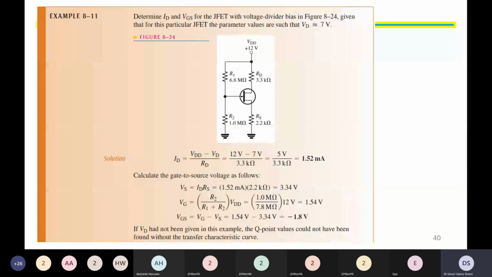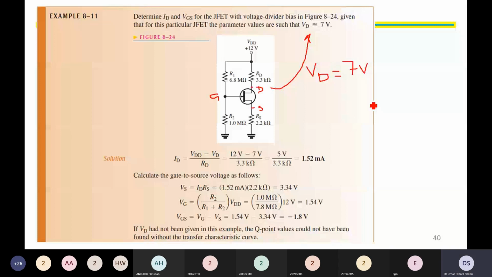So first of all, let us identify the terminals. Here we have the drain, here we have the source, and here we have the gate. By the statement, the voltage VD is already at 7 volts.